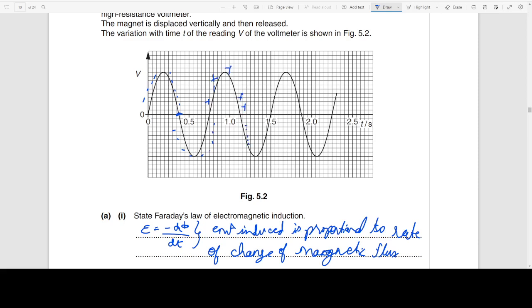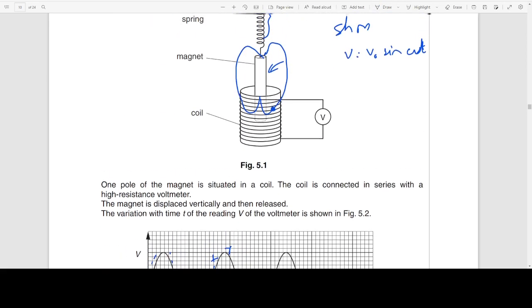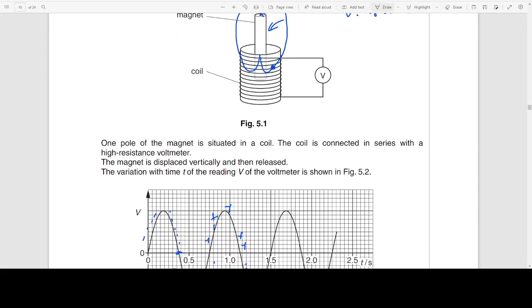The reason is that when the magnet moves downwards it's going into the coil, and afterwards, at this final position after it comes down, it will again go back up, correct?